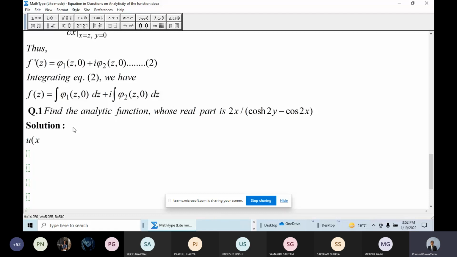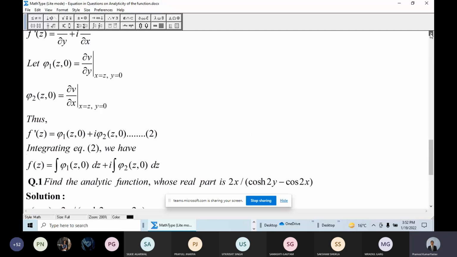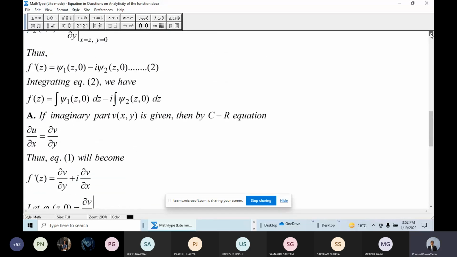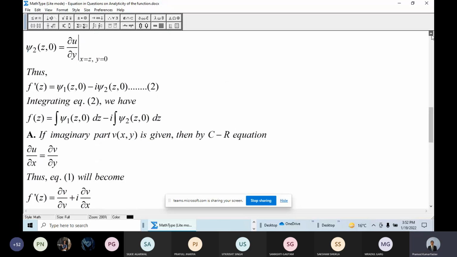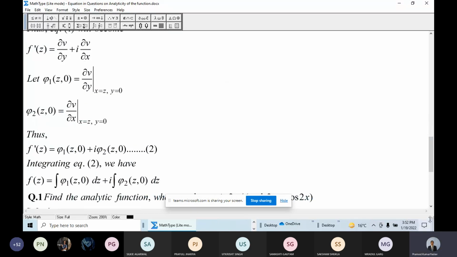It means u(x, y) is given, and that is this one. As per the Milne-Thomson method, we need to find psi1 as well as psi2, and then we can find the complementary function directly. So what is psi1? Psi1 is del u by del x, and then we will use x equal to z and y equal to 0.